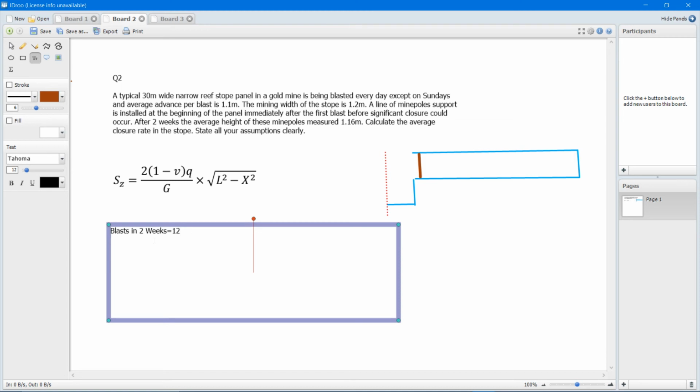Now, what is the advance? The advance in 2 weeks then becomes the 12 multiplied by 1.1, which is the advance per blast, right?